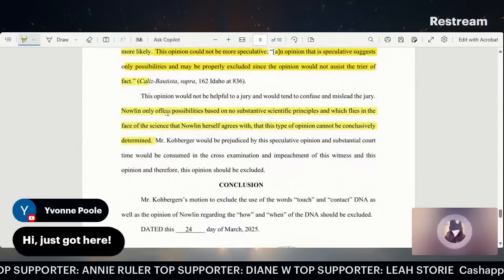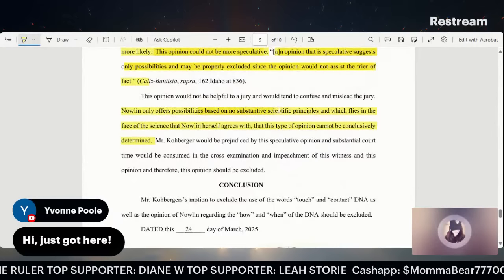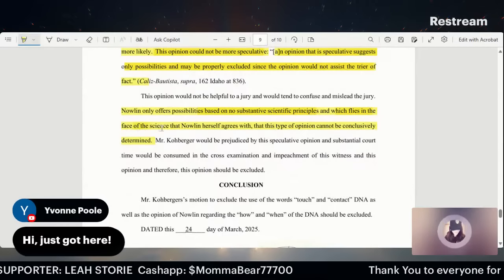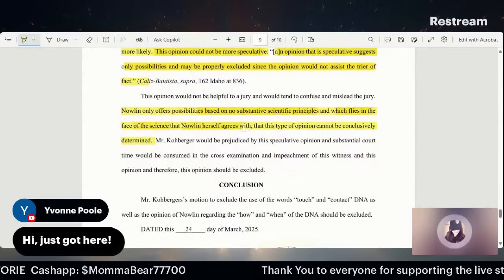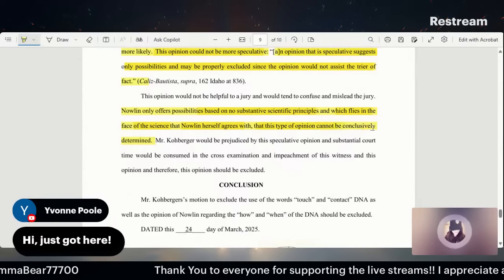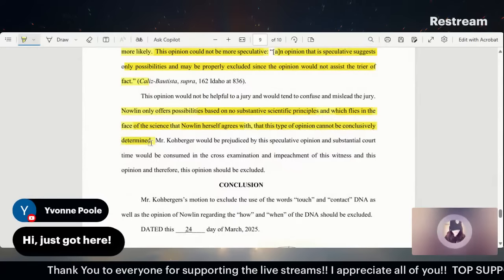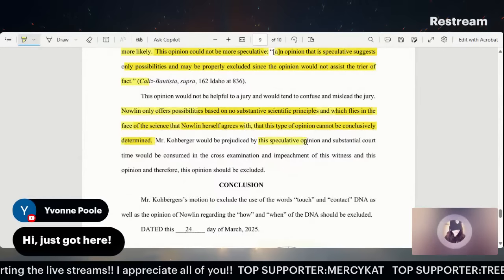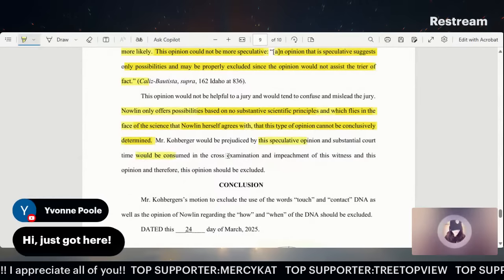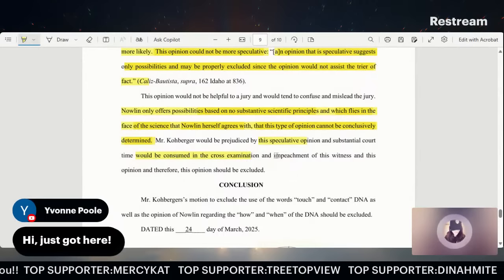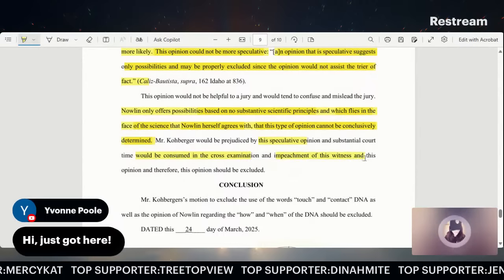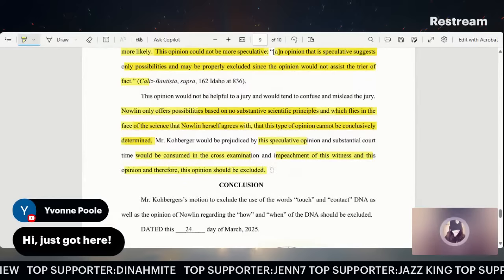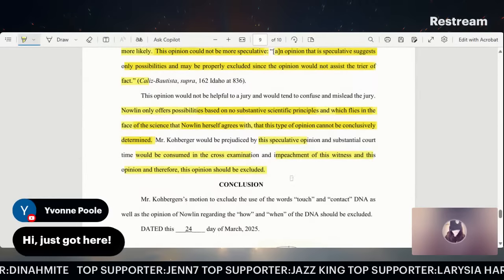Nowlin only offers possibilities based on no substantive scientific principles, and which flies in the face of the science that Nowlin herself agrees with, that this type of opinion cannot be conclusively determined. Mr. Kohberger would be prejudiced by this speculative opinion, and substantial court time would be consumed in the cross-examination and impeachment of this witness, and therefore this opinion should be excluded.